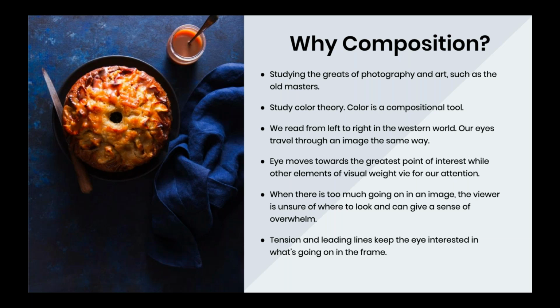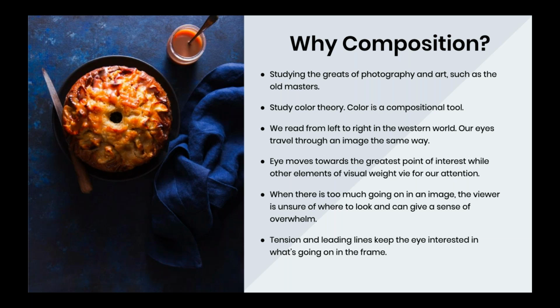So how do we read an image? It really depends on our culture and how we typically read in general when we're reading a book. So in English, in the Western world, we read from left to right, whereas some other cultures might be reading from right to left.